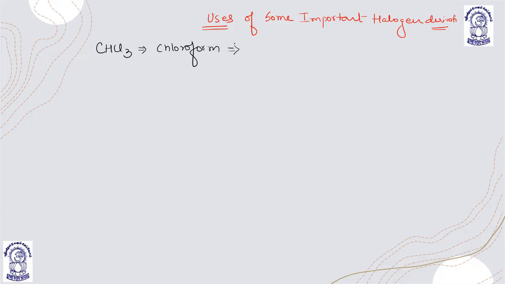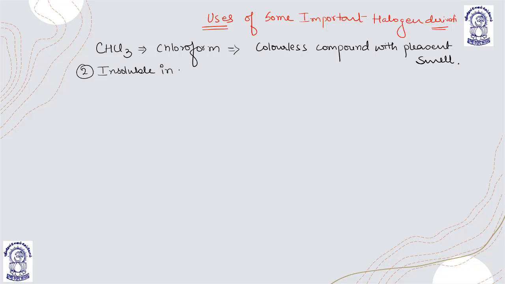Chloroform is a colorless compound with a pleasant smell. It is insoluble in water and soluble in organic solvent.